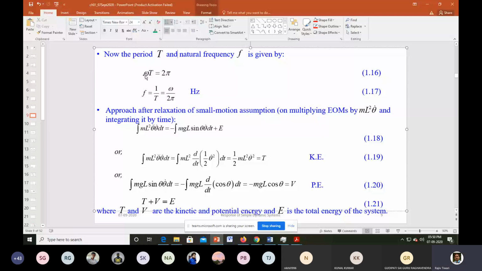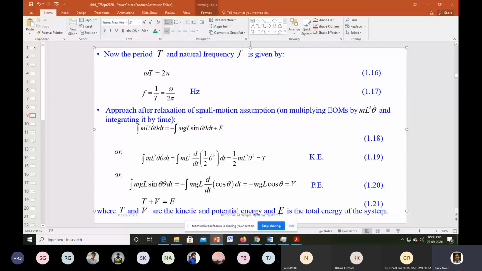This frequency f is in hertz, and omega is in radians per second. So this simple relationship is there. Depending on whether we want to write the frequency in hertz or in radians per second, this relation can be used.